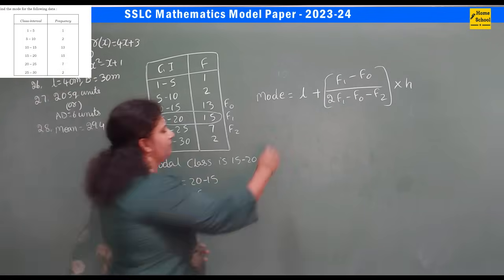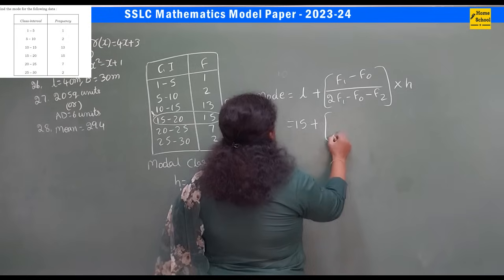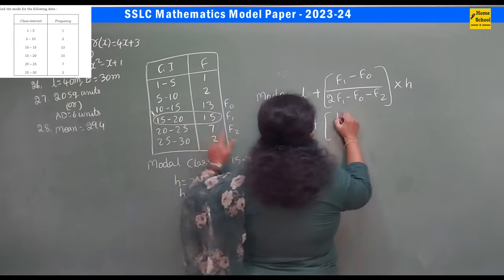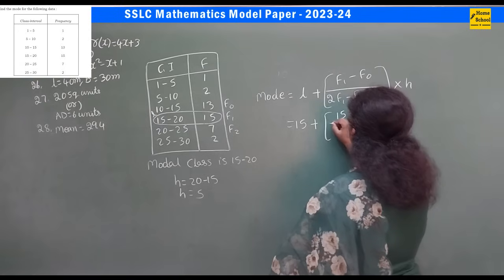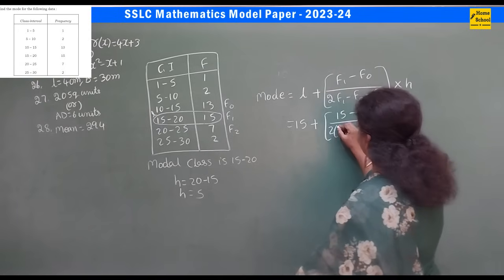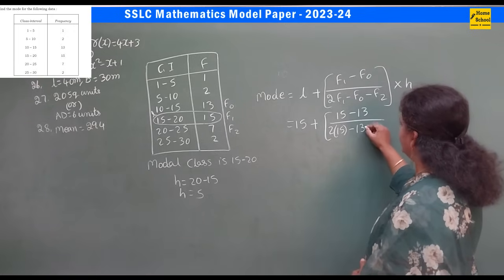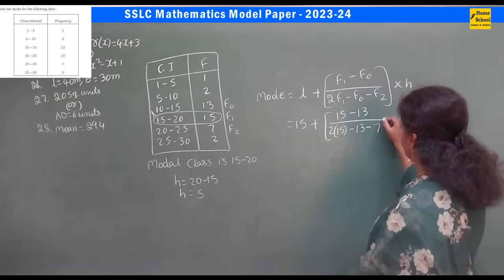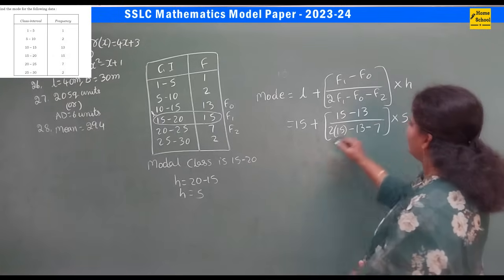Let us substitute. L is equal to 15 plus F1 is 15 minus F0 13 by 2 into F1 is 15 minus F0 is 13 minus F2 7 into H, it is 5.